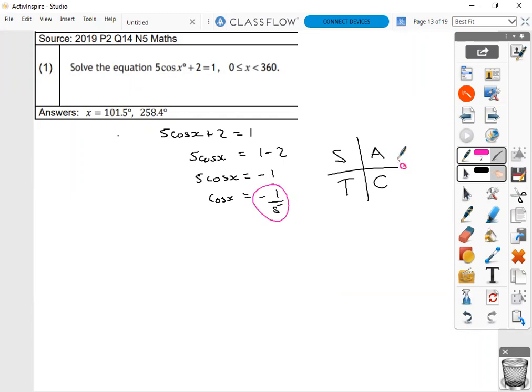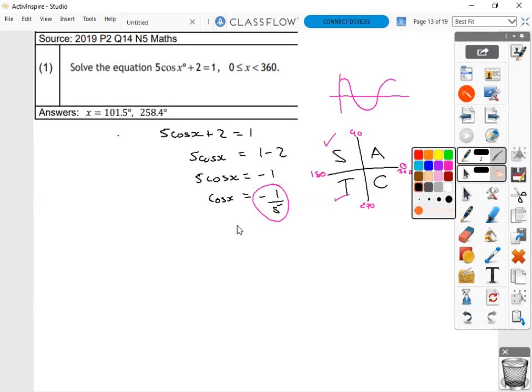Remember, between 0 and 90, the cos graph is positive. Between 90 and 180, cos is negative. Between 180 and 270, cos is negative. Between 270 and 360, it's positive. So because at this stage that's negative 1/5, my solutions are going to be found between 90 and 180 and 180 and 270. So it's going to be in the S quadrant and the T quadrant.